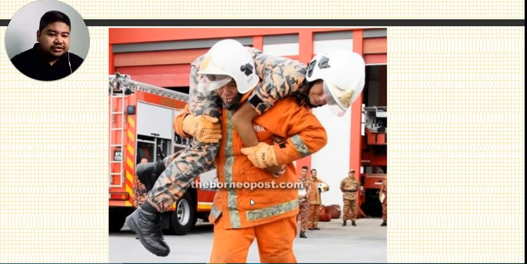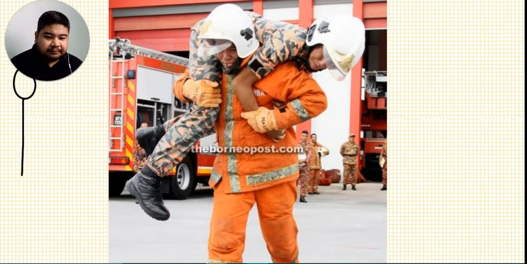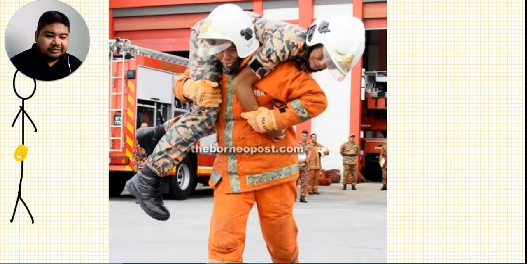One of the applications, as you look at here, is a fireman lifting a person, another fireman. The fireman is applying the concept of center of mass. A human being, if I can draw it for you, is very similar to a beam. So this is a human. This is the best drawing of a human I can do. The center of mass of a human being is located at the center of the body.